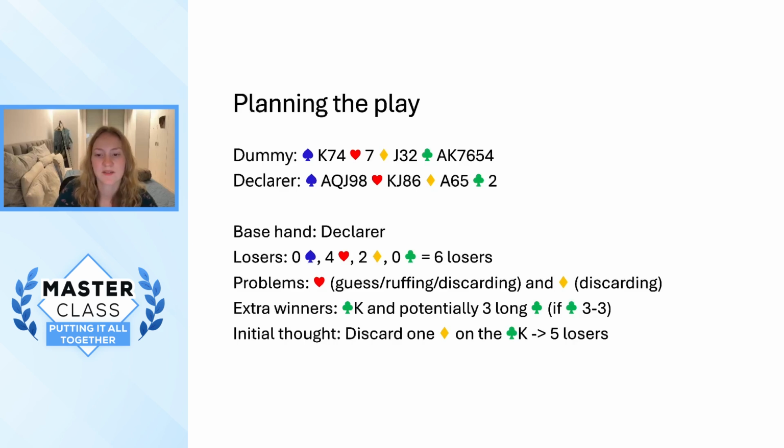Well, it all goes back to the line with the problems. You can see that with hearts, there are quite a few options for what to do. We could guess correctly, we could do some roughing, we could also discard. It's an option. But for diamonds, we had no choice but to discard. So it seems like a sensible thing to do. Discard the one that can only be discarded, and maybe we can find an alternative in hearts.